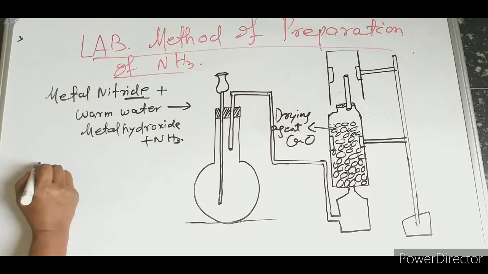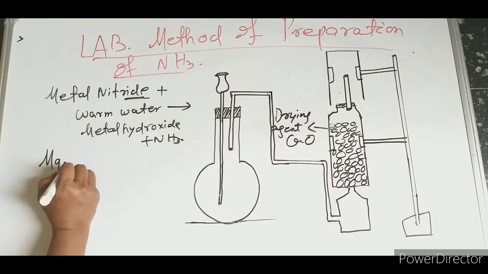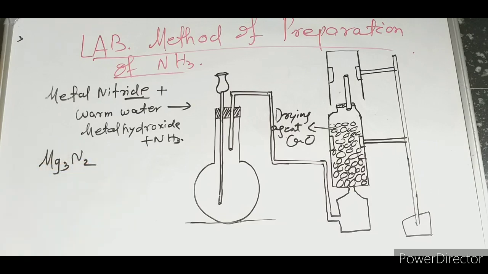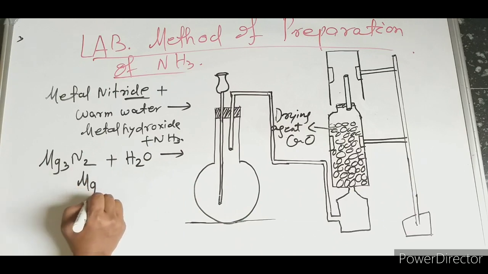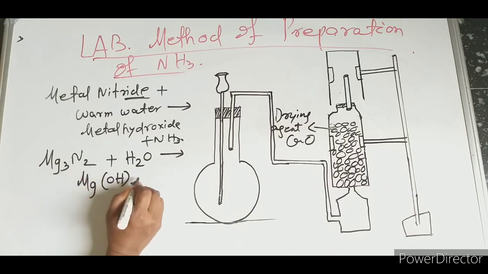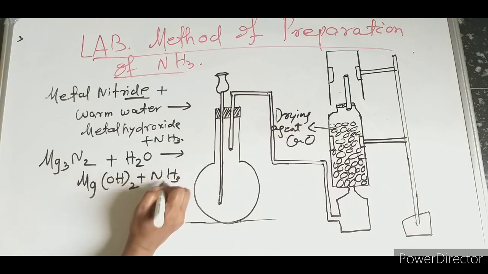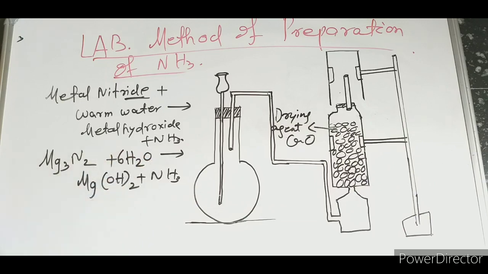Let us take magnesium nitride along with warm water. What does it give rise to? Magnesium hydroxide along with ammonia. So here this one will be 6 water, 3, this one 3, this one 3. So this one will be 2, and this one will be 2.